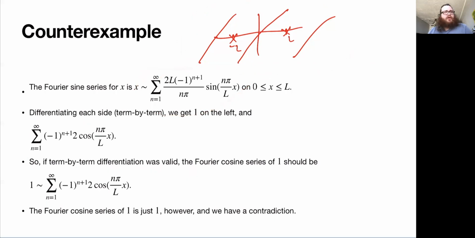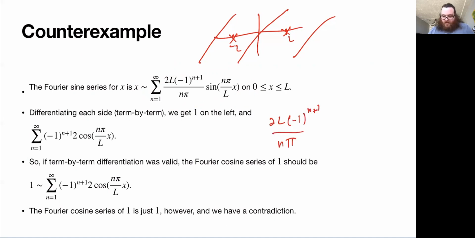And so the question is, what do we get if we differentiate each side? So differentiating this side term by term, what do we get? Let me write it out. The derivative of the nth term: copy over this constant, 2L over n pi.